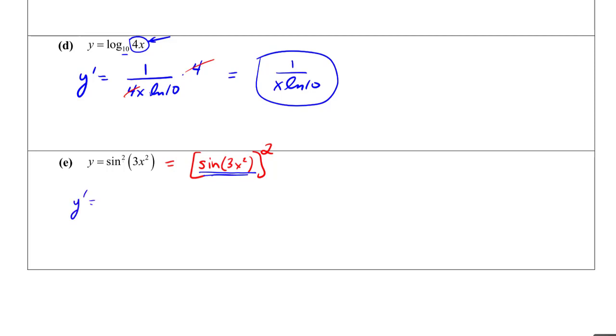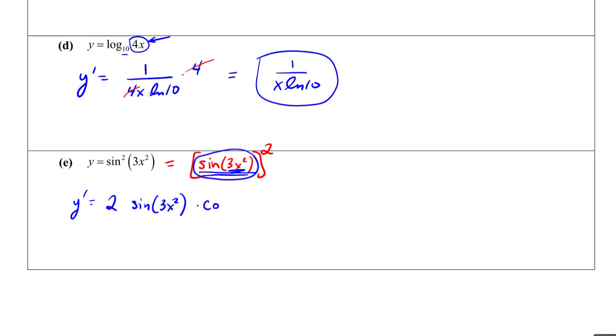So when I take the derivative, I have something squared. That's the first level, something squared. So I have 2 sine 3x squared, and then would be to the 1 power, but I'm not going to write that, times, and then I go inside and I need to take the derivative of what was inside. But that's a new chain rule. That's sine of something.